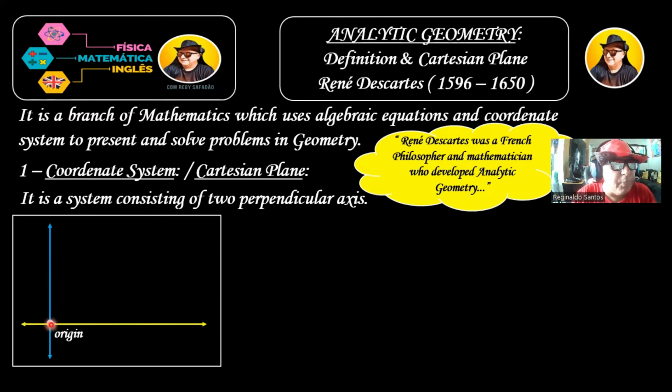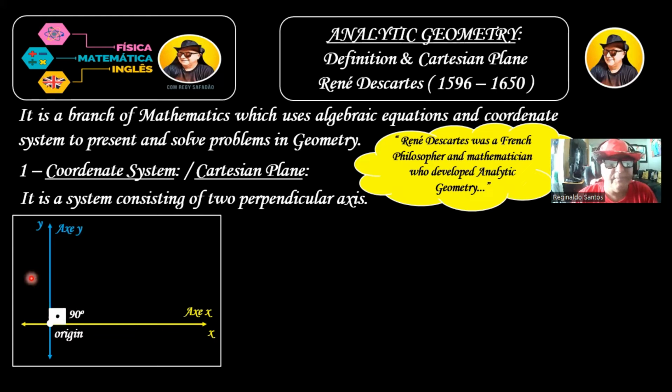This point right here is called the origin. This is the number line x, and the other one is the number line y, and the 2 number lines must be at 90 degrees. So, a right angle between them.